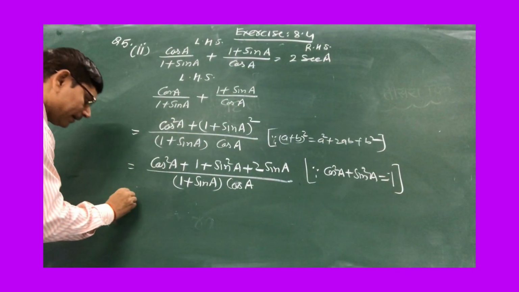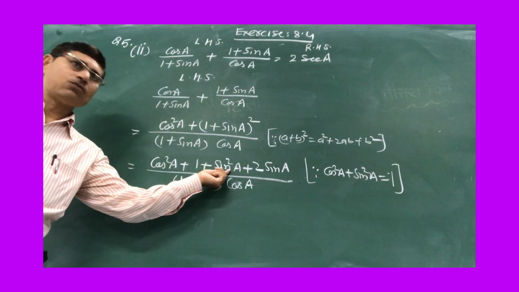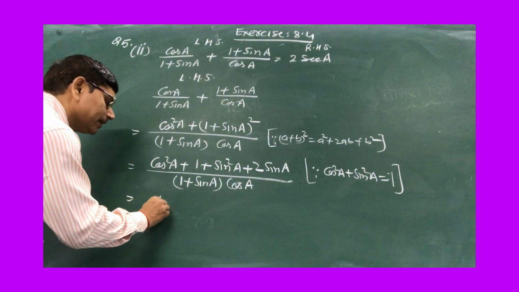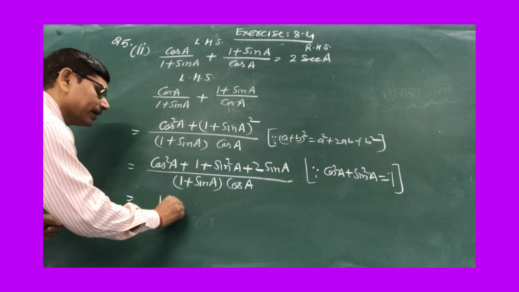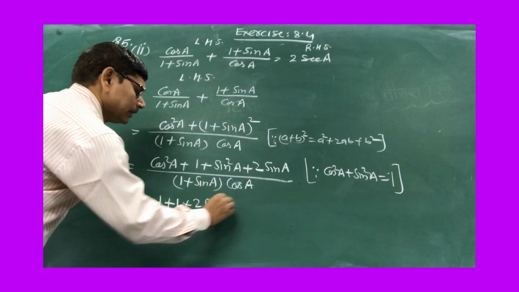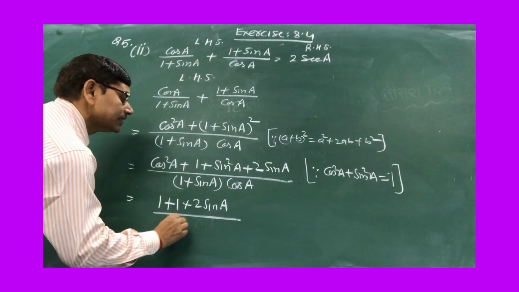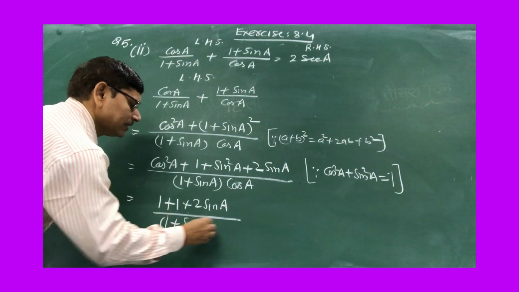Once again see here, cos square A plus sin square A equals 1. So we write here 1, and this 1 is here already. So you write plus 1 and then plus 2 sin A upon (1 plus sin A) into cos A.